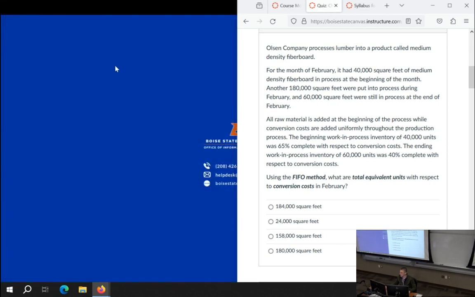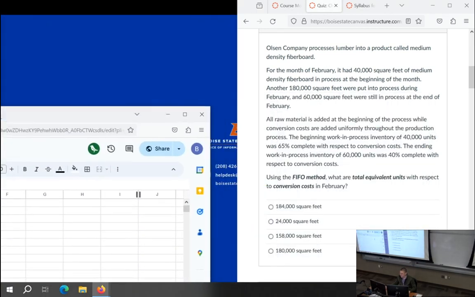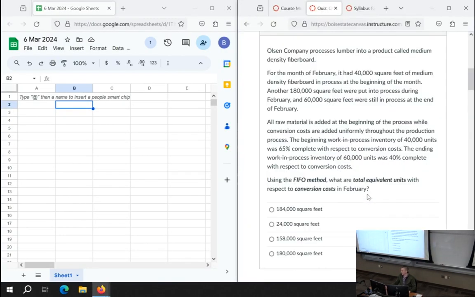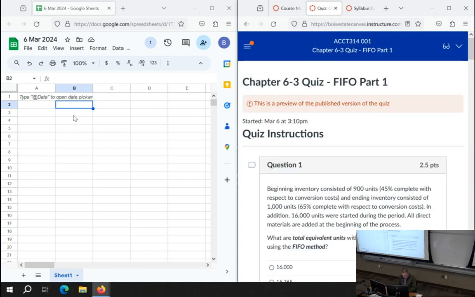I picked the wrong one here. I need this. Okay, so this is FIFO TEU. Nope. Here. FIFO TEU conversion cost question.